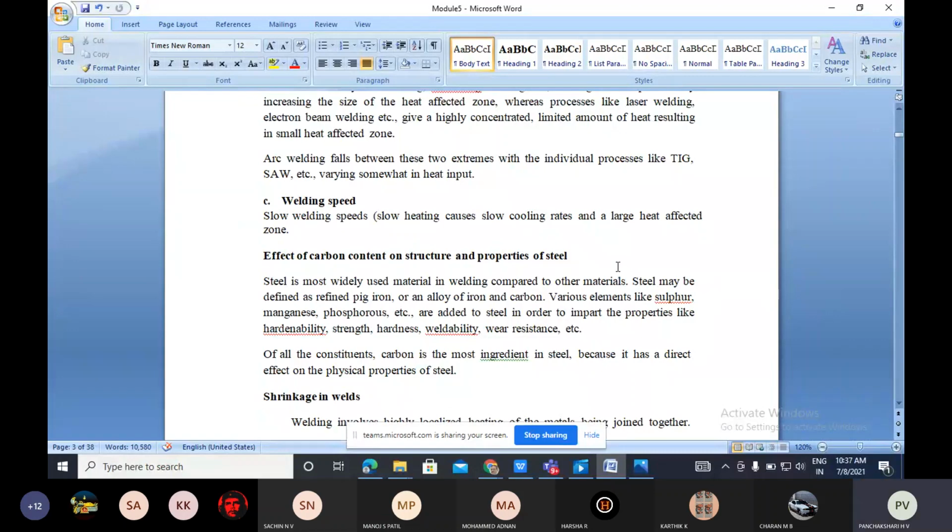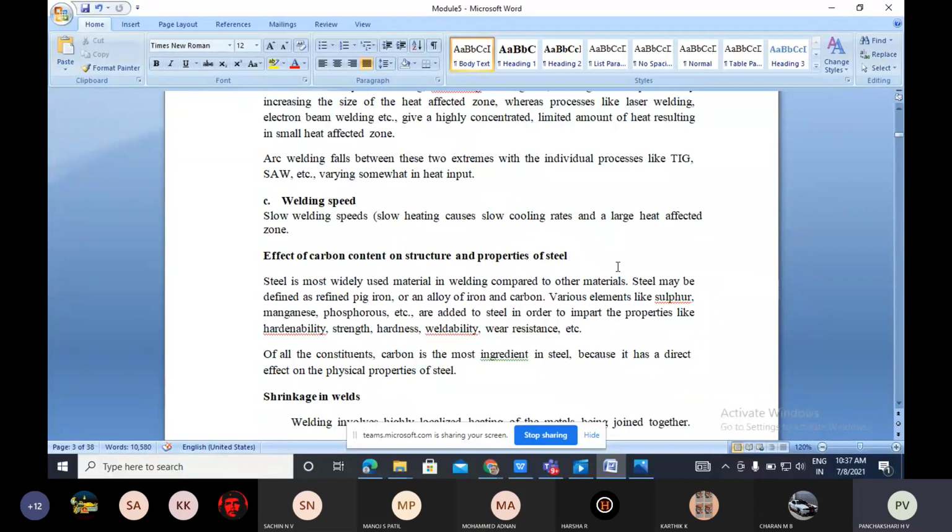If the carbon content is less, 0.03 to 0.3% carbon, then it is called mild steel. If the carbon content is 0.3 to 0.8%, it is called medium carbon steel. After that, up to 1.5%, it is called high carbon steel.